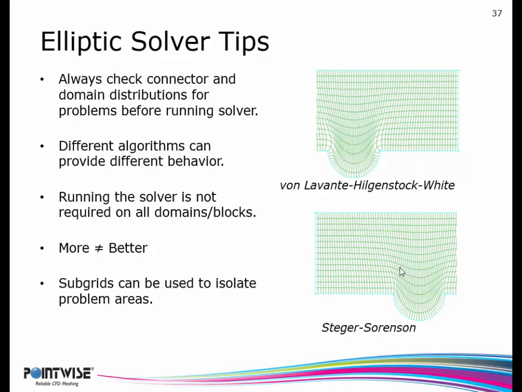Definitely be aware that the different algorithms that we have can produce completely different behaviors, just like we have in these examples here on the right-hand side for two of our boundary control functions for the solver. At the top is what you'll see is the default for boundary control in Pointwise, the von Lavante-Hilgenstock-White method, versus an older method that we've had in Pointwise for quite some time, Steger-Sorenson, for boundary control.